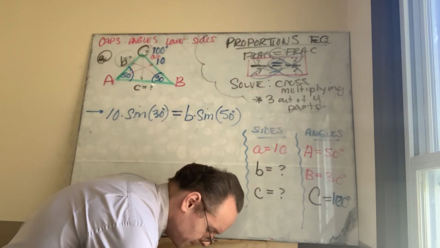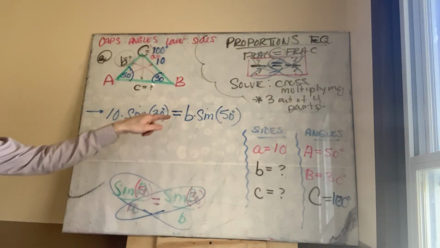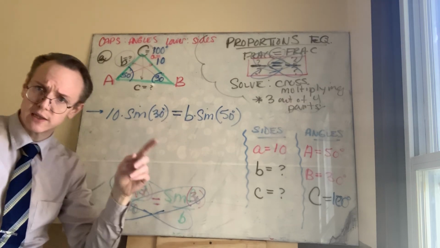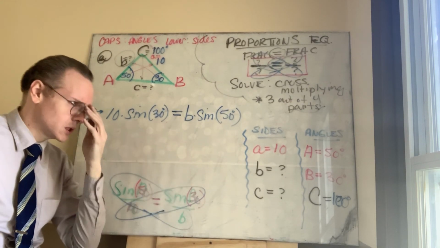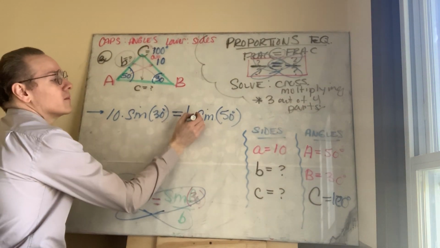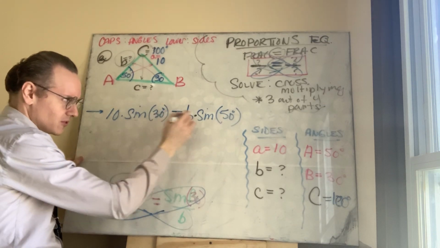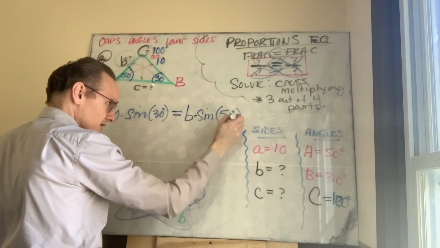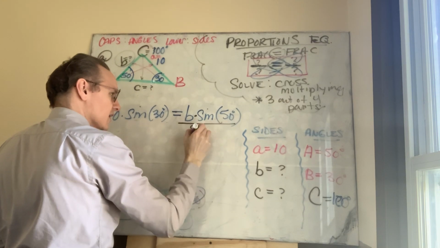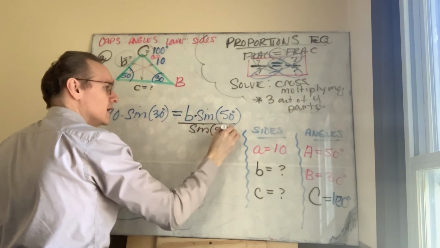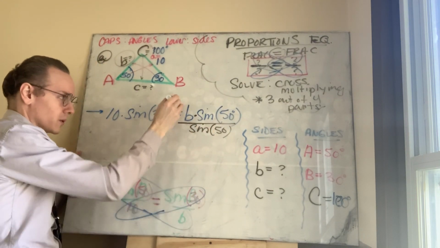And now lastly, if you want to solve for b, because it's the one chunk that's missing out of the whole equation, then perform the opposite operation. The opposite of multiplying by the sine of 50 is to divide by the sine of 50. And as you know, you can get away with murder in math if you do it on both sides.